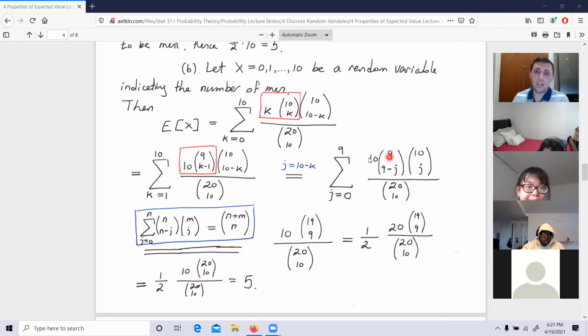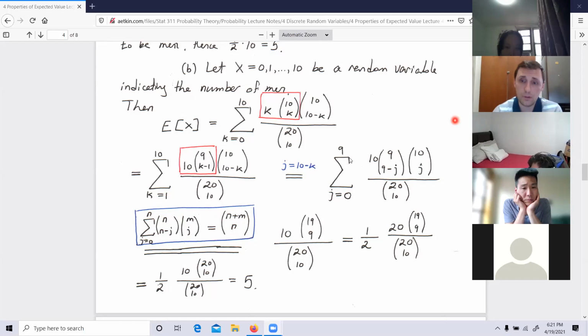So what do we have? We have now this summation. And now this is what you should recall. This is just to remember in blue, guys. Remember that now another identity, the sum over j from 0 all the way to n of n choose n minus j, m choose j, is the same as n plus m choose n. This is an identity that you should be familiar with.